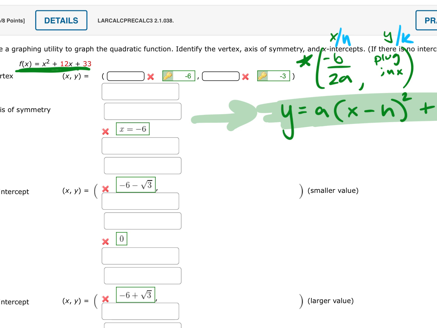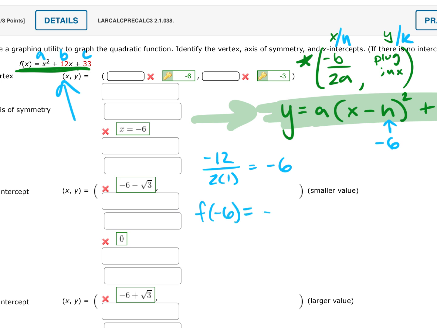So let's find it. This is our a, b, and c. So it would be negative 12 over 2 times 1. So that would give us negative 6. So the h is going to be negative 6. Then to find our k, we would plug in negative 6 into our function. We'd find f of negative 6.